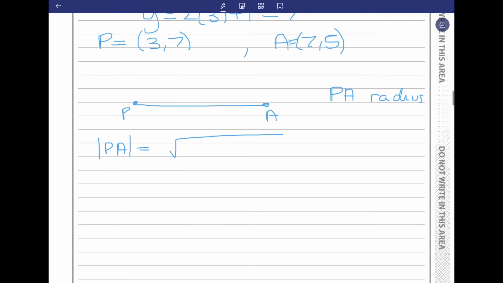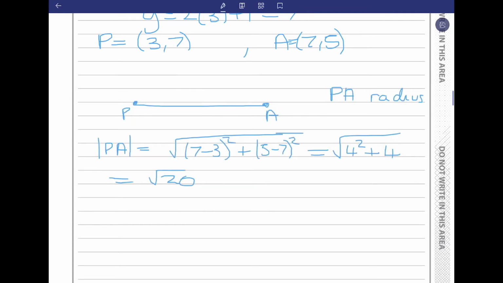So let's do x2 minus x1, 7 minus 3 squared, plus 5 minus 7 squared. This is going to give us the square root of 4 squared plus minus 2 squared, which is 4, which equals the square root of 20.